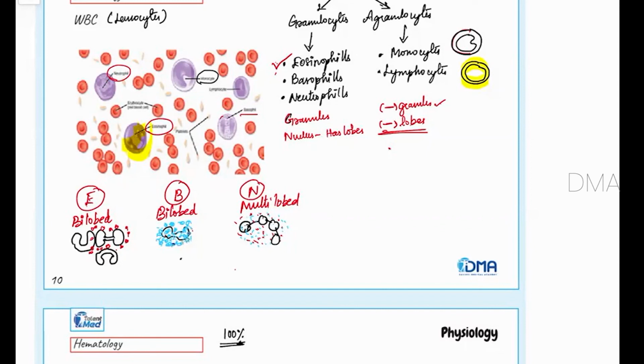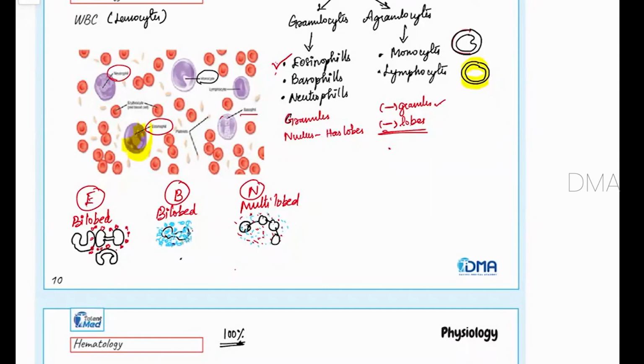In the same way, lymphocytes and monocytes. Lymphocytes are mostly predominant because they give rise to the T cells and B cells during infectious conditions, where the T cells kill by forming signals to the T helper cells, T cytotoxic cells, and T suppressor cells. And the B cells give rise to the plasma cells and the memory cells.